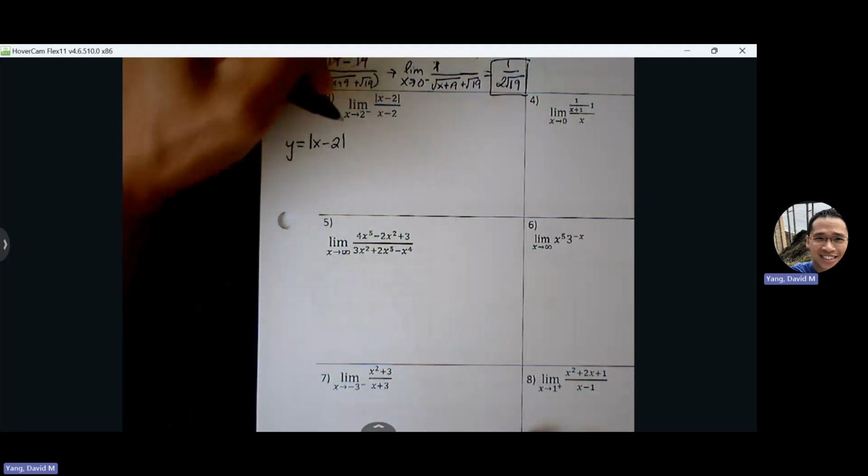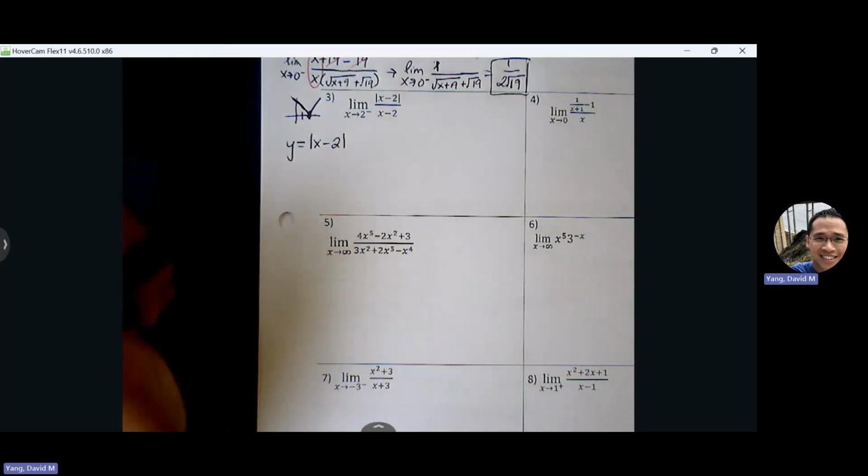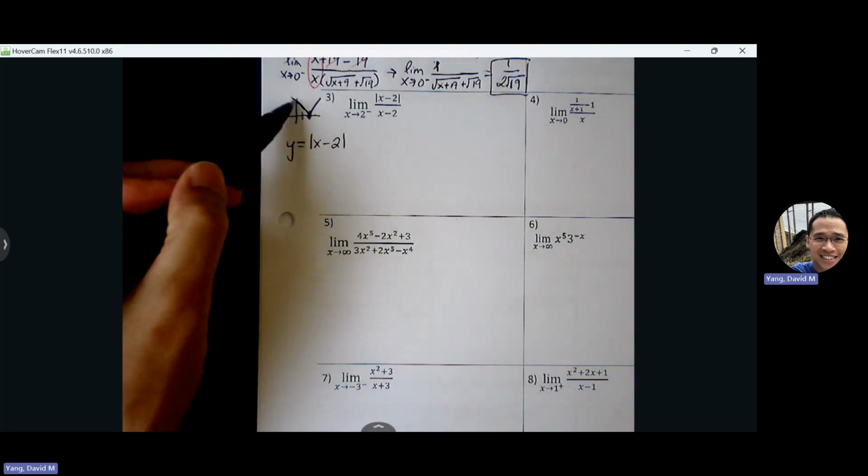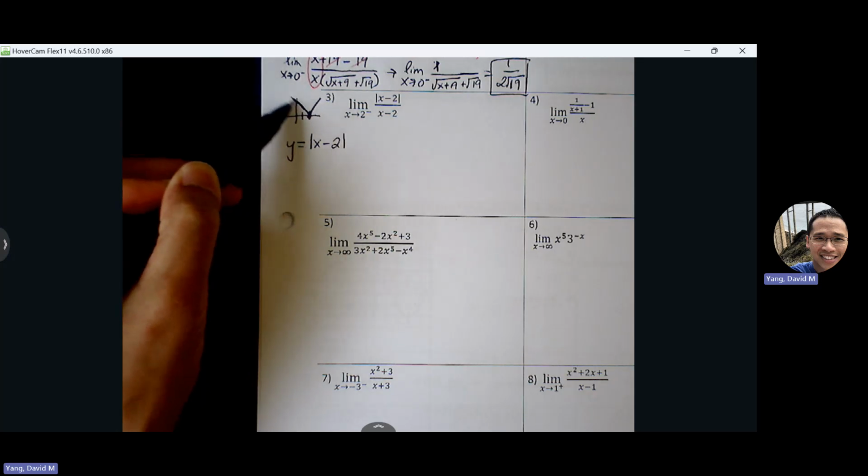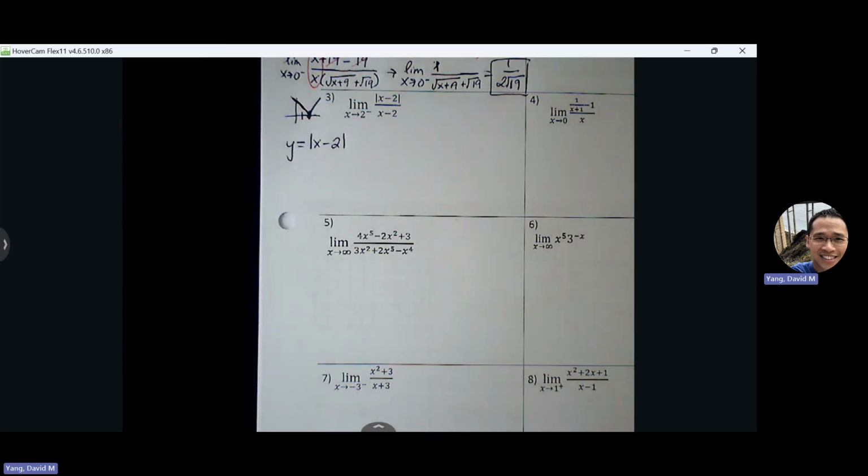So absolute value of x minus 2, you know that this is a graph that looks like this. There's a vertex at 2, and the graph is going to have a V shape. And if you think about a V-shaped graph, this is just a combination of 2 linear graphs, right? I have a linear graph with a positive slope. I have a linear graph with a negative slope. They just happen to start and end at the same point.